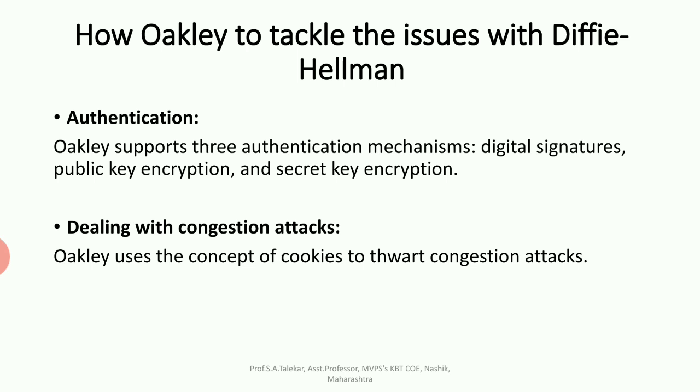For the digital signature, a message digest is generated and encrypted with the sender's private key. Public key encryption can be performed by encrypting some information, such as the sender's user ID, with the recipient's public key. And for the secret key encryption, a key is derived by using some out of band mechanism.